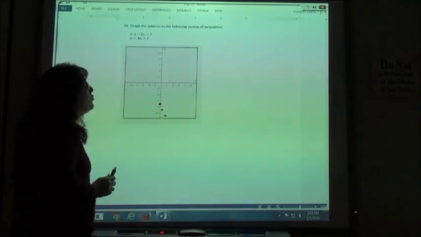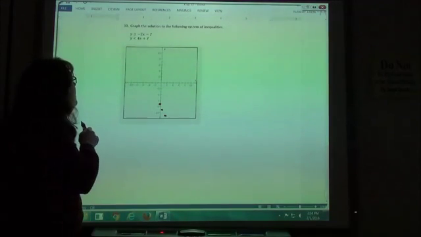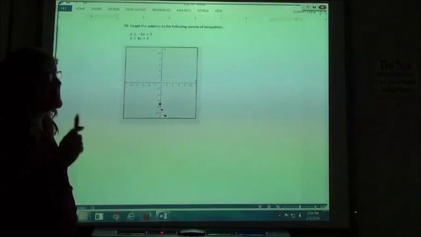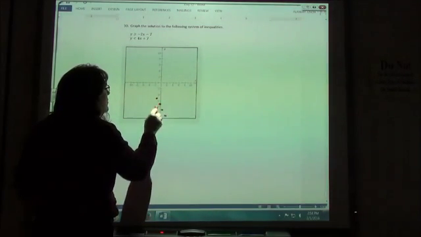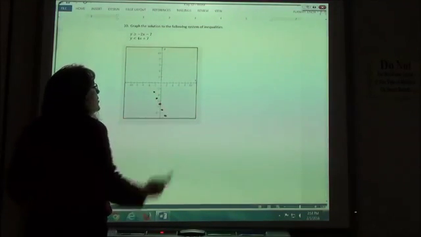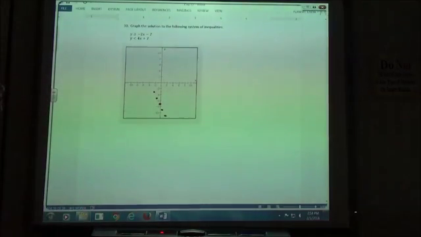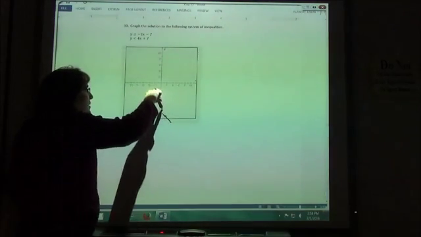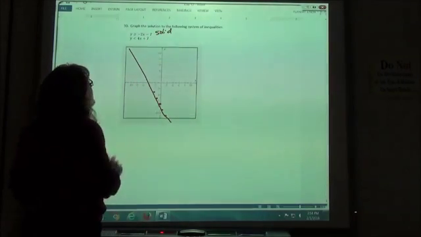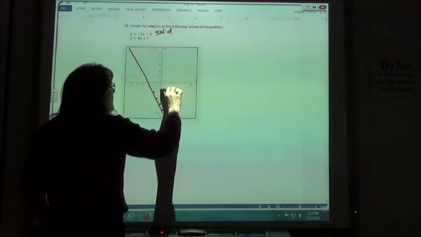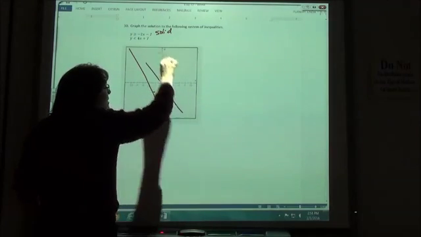Remember, a -2 could be a negative over a negative, or could be a positive over a negative. I could have went up 2 and back 1, right? Up 2 over -1, it's the same thing. Again, this is going to be a solid line because it does have the equal to underneath. I'm shading greater, so if I'm going greater, I end up shading this part of my line.